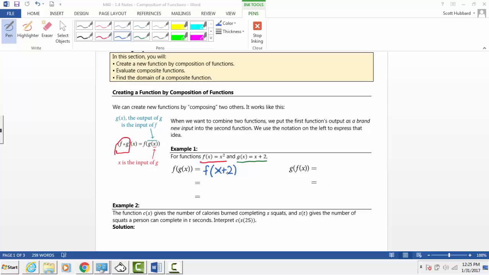Then we take that x plus 2 and we put it into f. Now what does f do? Well, f takes this input and squares it. So in this case, we're going to get x plus 2 squared, because that's what f does. Then we'll go ahead and FOIL it out, and we'll get x squared plus 2x plus 2x plus 4, which is equal to x squared plus 4x plus 4.